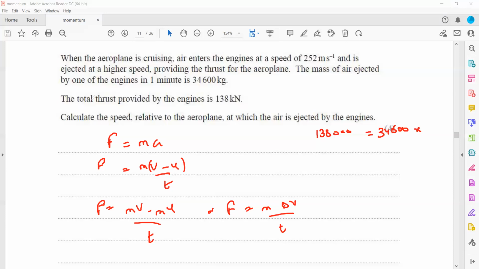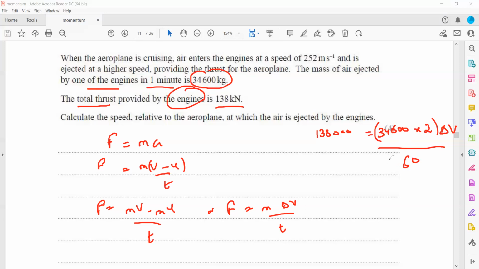As you can see, the total thrust by the engine is for two engines. For one engine, this much amount of air entered, 34,600. But because it's a two-engine aircraft, it will be multiplied by 2. That's the total mass of the air which will enter the engine. Then the change in velocity divided by time, that is in 1 minute, so in 60 seconds, because time should always be in seconds.